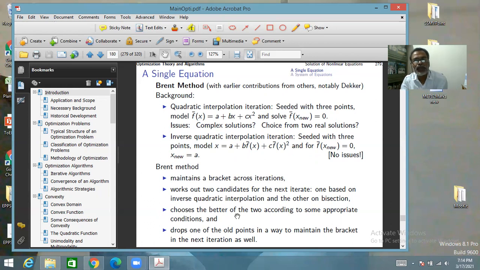So one of the two. After getting x new, you drop one of the old points in such a way that out of the remaining 3 points, two old, one new, some are on this side of 0, some are on that side of 0. So this is a safe as well as efficient method to solve a single equation.